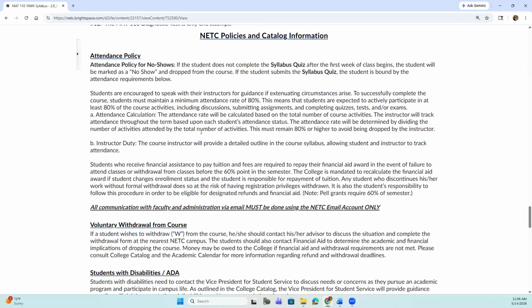Your attendance is calculated by what you turn in divided by the total number of activities. This must remain 80% or higher to avoid being dropped by the instructor for excessive absence. So you can't just pile up a bunch of missing graded assignments, because we do have an attendance policy here.